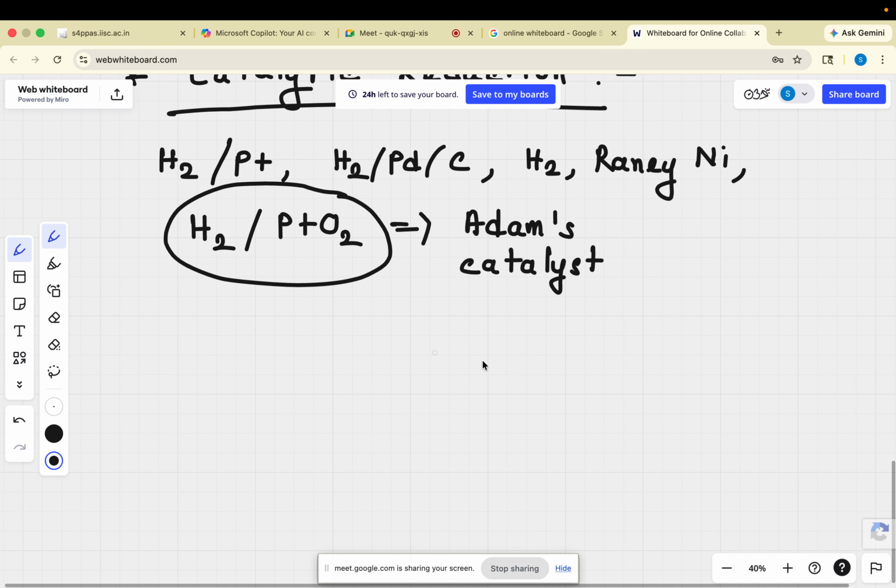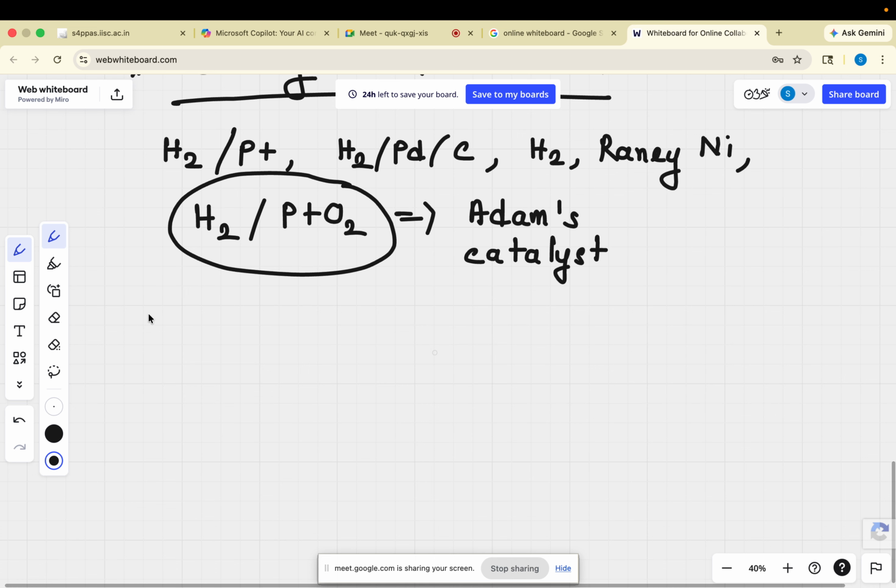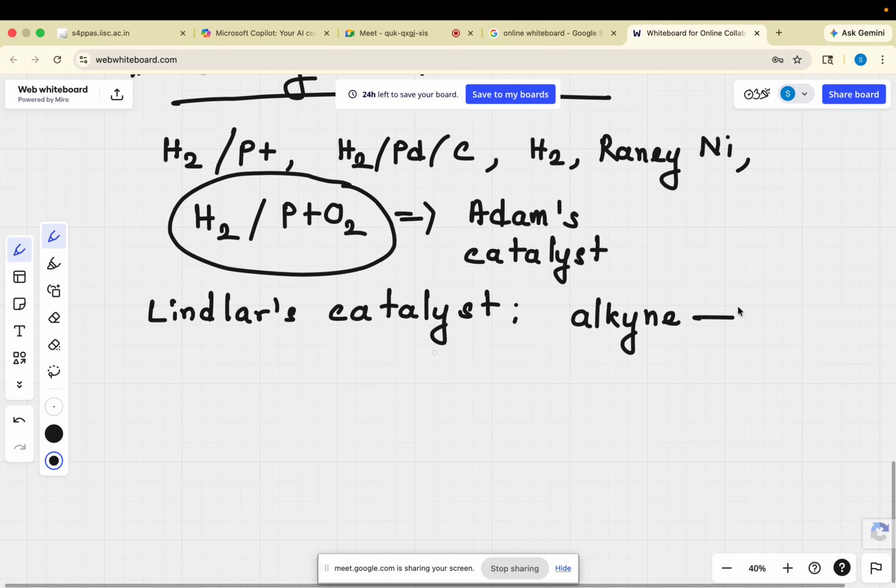Apart from that, we have a very popular reagent that all of you know, I guess: Lindlar's catalyst. With Lindlar's catalyst, an alkyne will be converted to a cis alkene. What is Lindlar's catalyst?